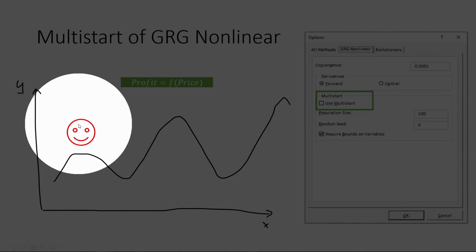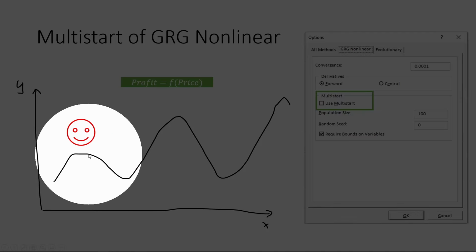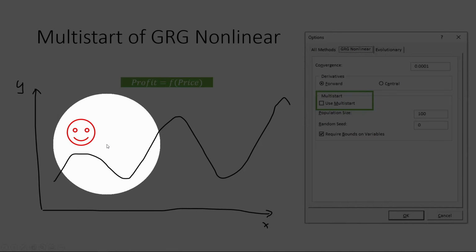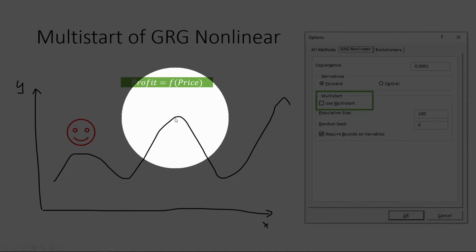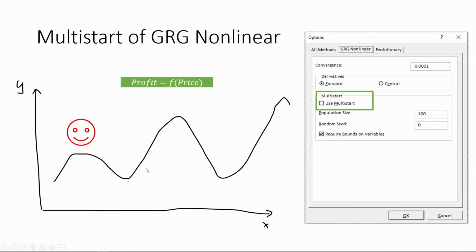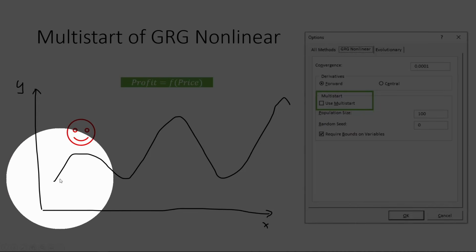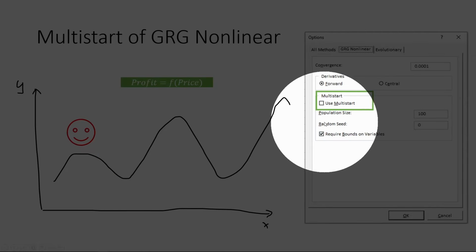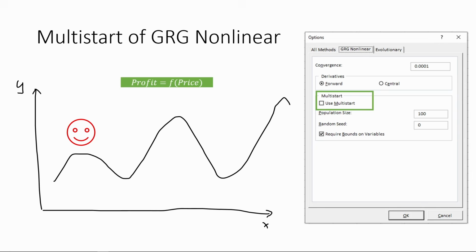And it's going to get trapped at a local optimal point without being able to climb to higher hills on the other side. So what multistart does is it is going to climb from different spots along this line. By doing that, chances are you're going to find the real optimal price point.